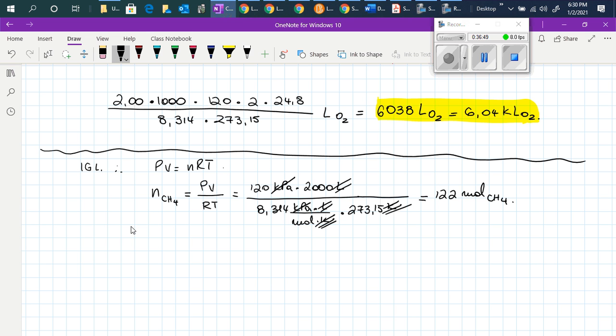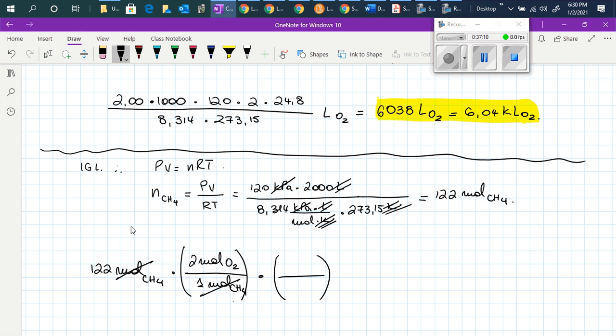And then you take this and use the Stoich. So 122 moles of methane times the molar ratio, 2 moles of oxygen over 1 mole of methane, times 24.8 liters of oxygen, which is when we have the SATP conditions.